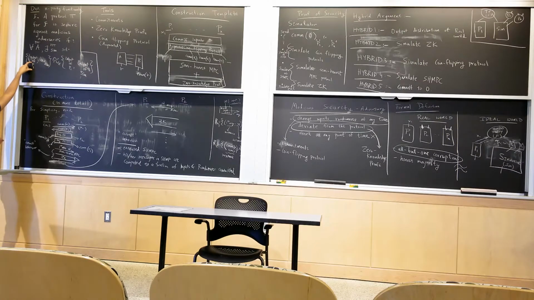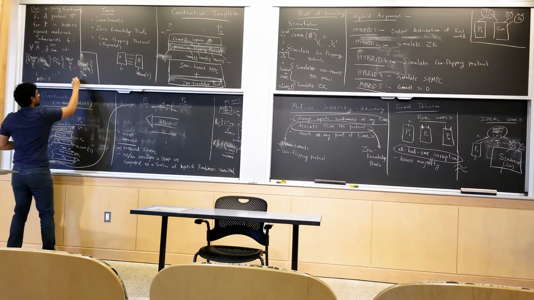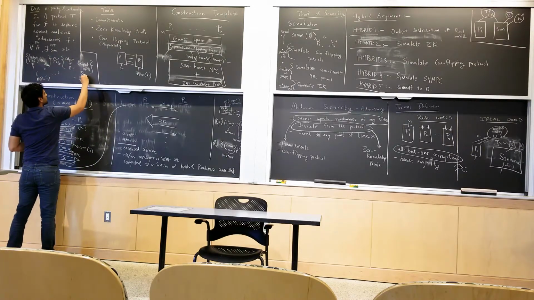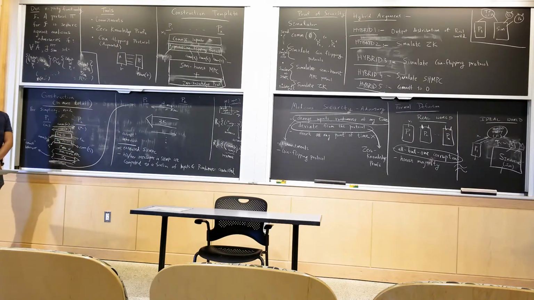Does that make sense? So this will have, among many things, also f of x1 comma dot dot dot, but this will have f of 0 comma dot dot dot. So clearly the simulation is gone.